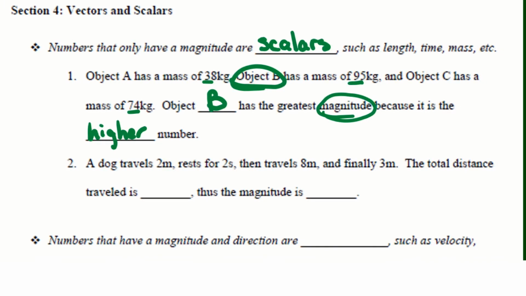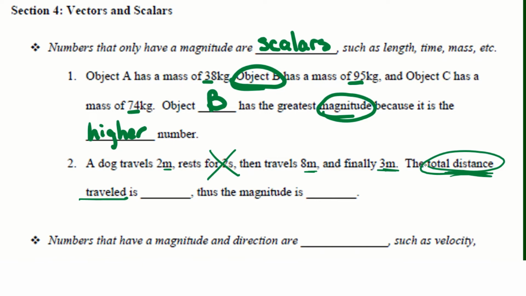Okay, number 2. A dog travels 2 meters, rests for 2 seconds, then travels 8 meters, and finally 3 meters. The total distance traveled is blank. Thus, the magnitude is blank. So they're telling you that distance is being expressed with meters. And you know that 2 seconds would be extra information that you do not need, so you can eliminate that.